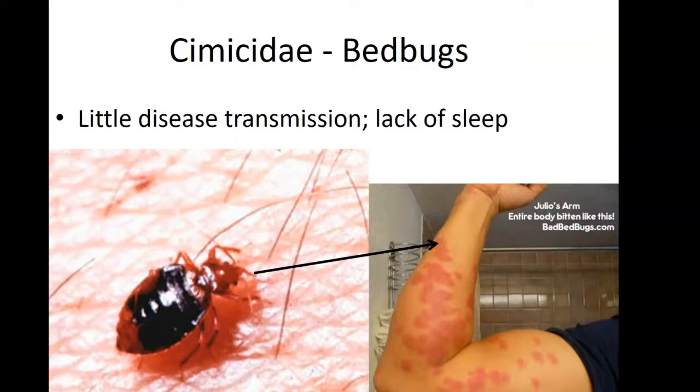So if we look at the bed bugs first, there's very little disease transmission, but they do cause a lack of sleep in the person.